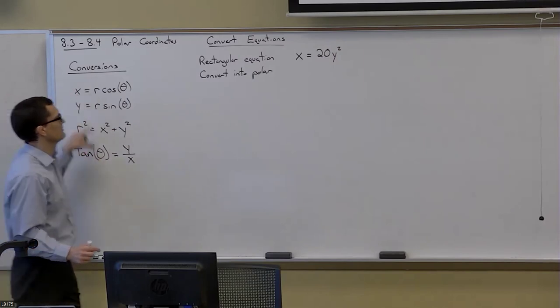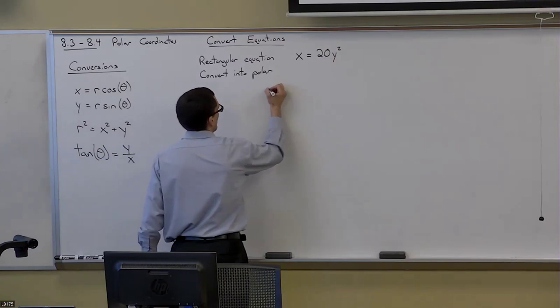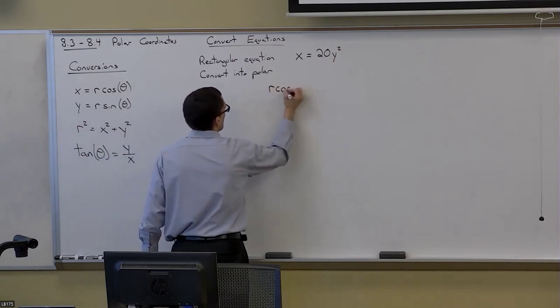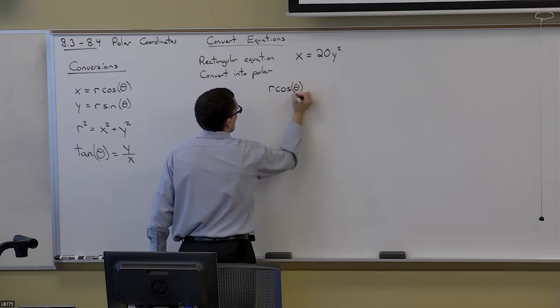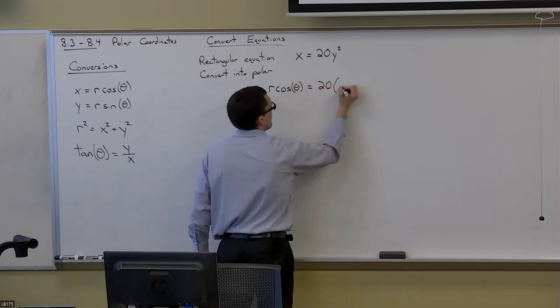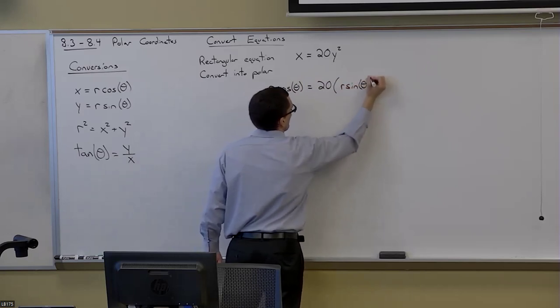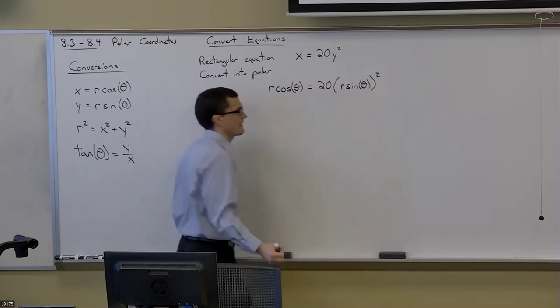So I'm just going to replace every x I see with r times cosine theta, and every y I see with r times sine of theta. So I get that.